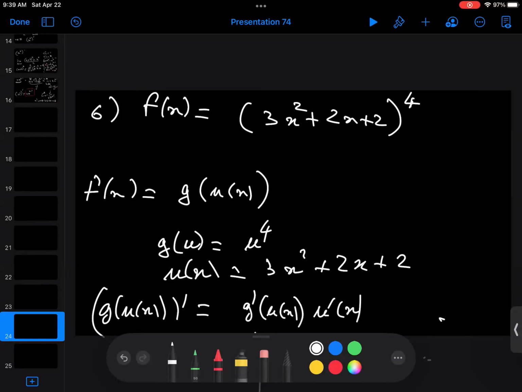Now if I apply that to my f of x, it will give me f prime of x equals 4.